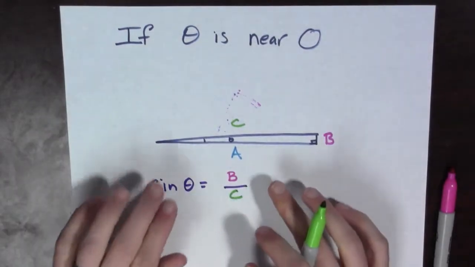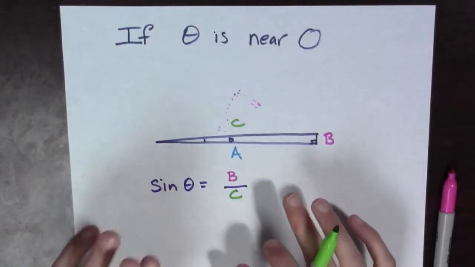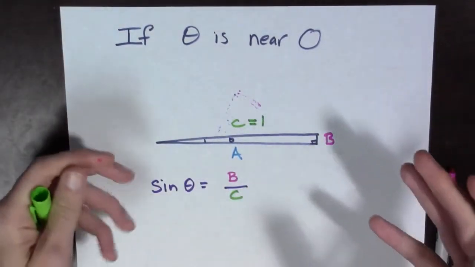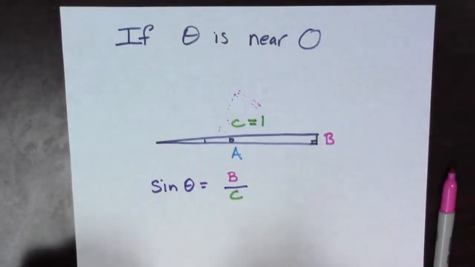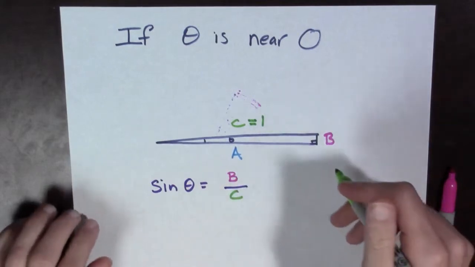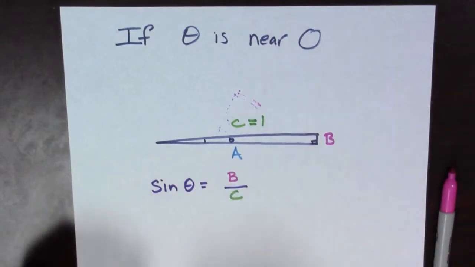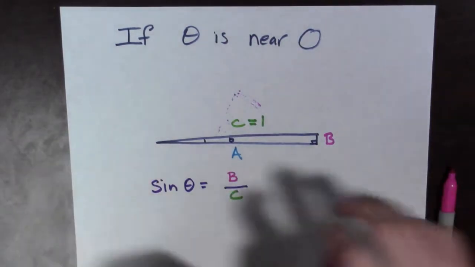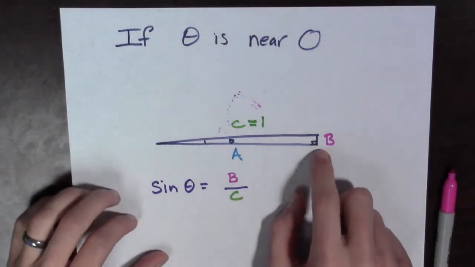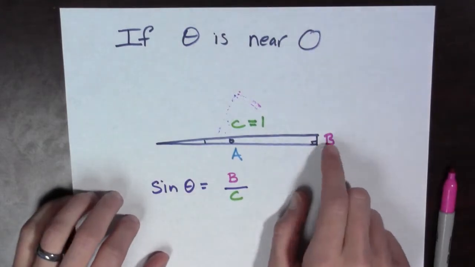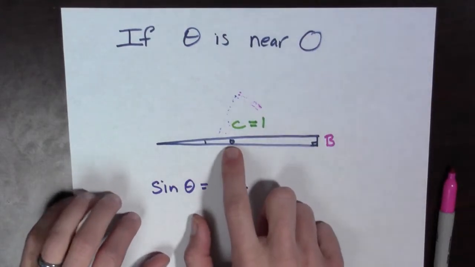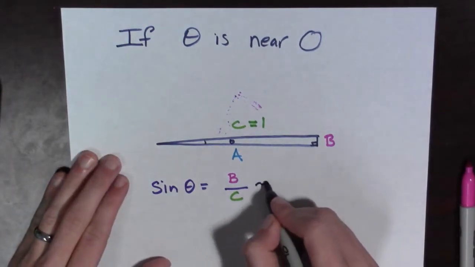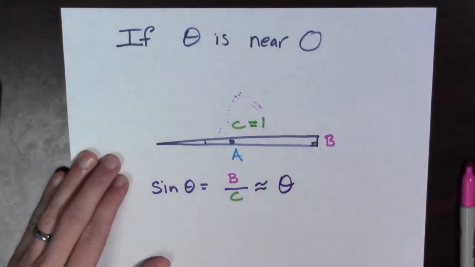Now, if this angle is going to fit inside the unit circle, we should set c equal to 1. I'm allowed to do this because I can scale the triangle, and that doesn't change theta. It doesn't change this ratio. And if c is near 1, then b, if you imagine this inside the circle, is approximately the arc length determined by theta. And so that means that sine of theta is approximately theta.